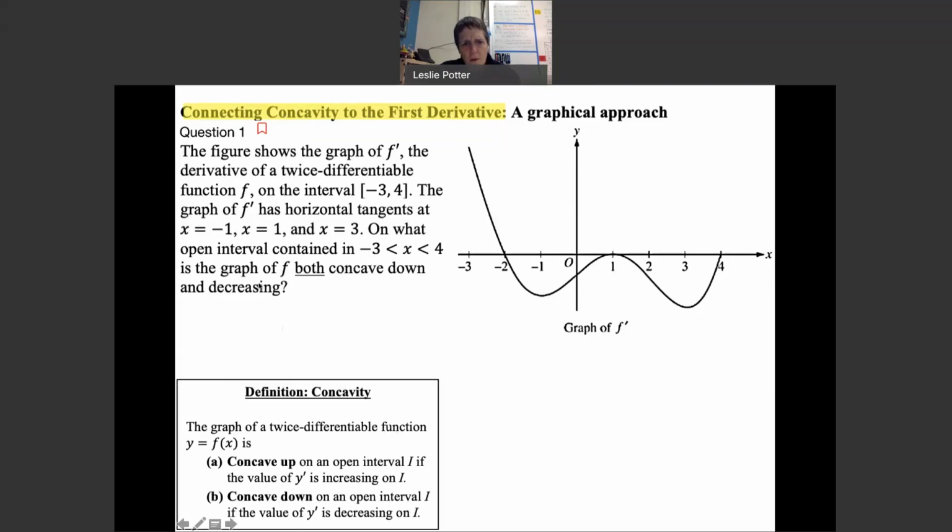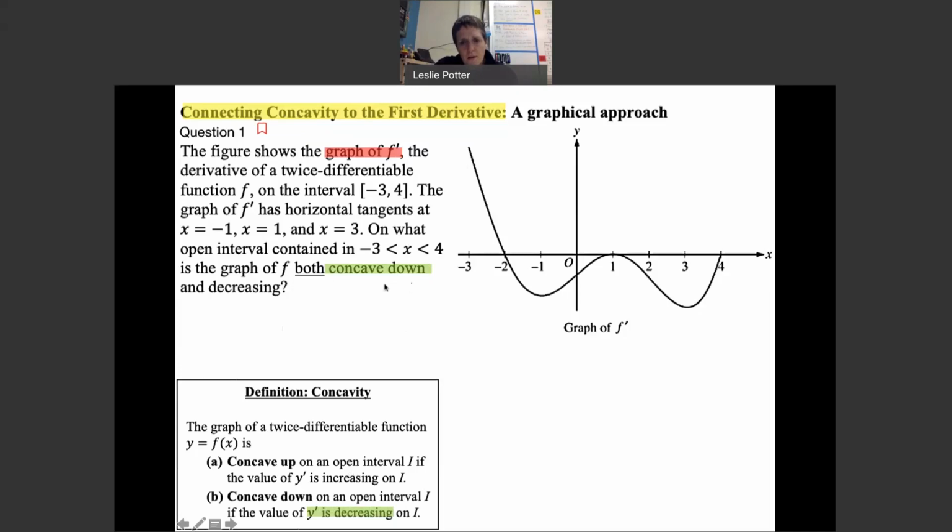In this problem, we're looking for concave down. So concave down, we know, is where the derivative is decreasing. So here's our derivative. If you think about this, we have a function f. Here's the derivative of that, which is also itself a function. And then its second derivative would also be a function.